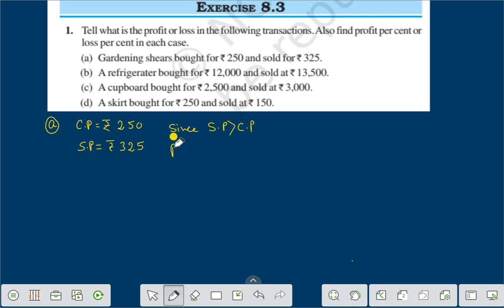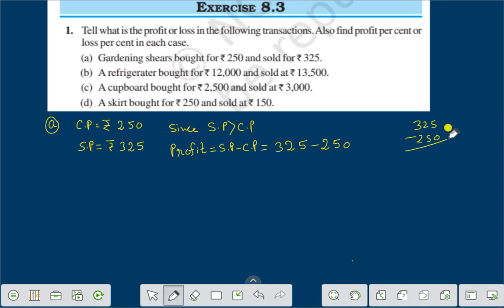Therefore profit is equal to selling price minus cost price. That is, selling price is 325 minus 250.